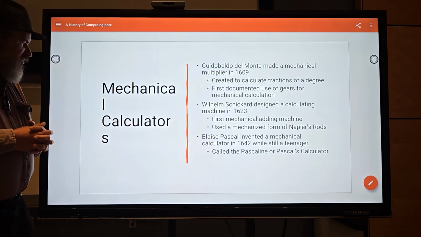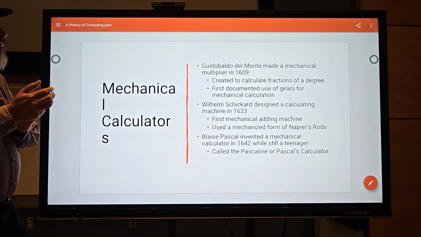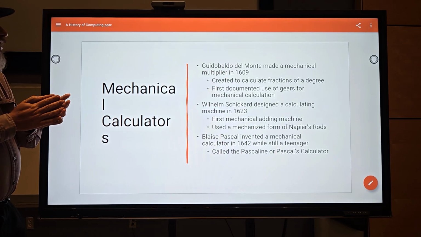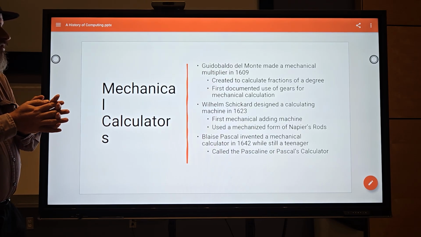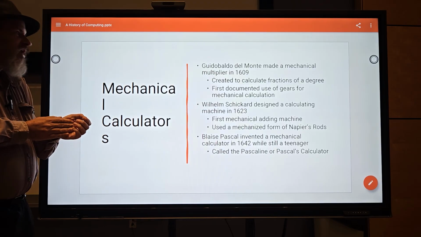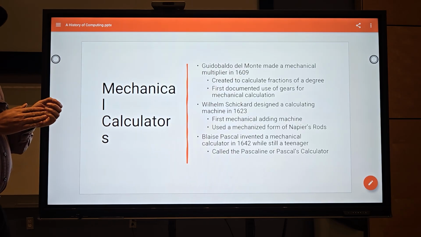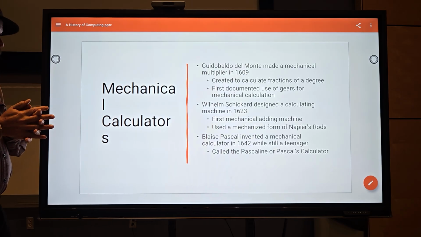Mechanical calculators. My slide screwed up a little bit. Guido Baldo del Monte made a mechanical multiplier in 1609, created to calculate fractions of a degree. Probably used in navigation, that sort of thing.